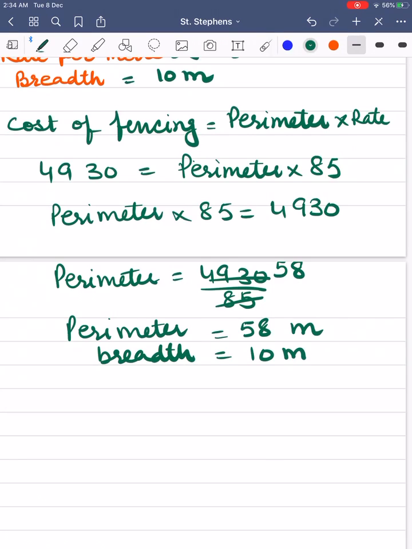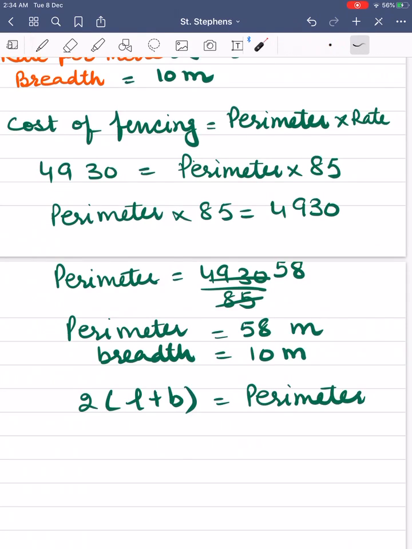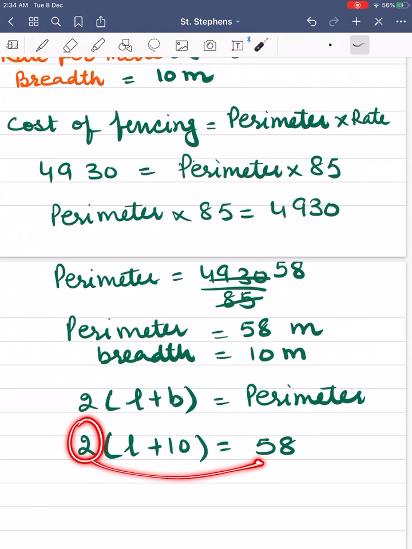And let's find out the length, and we know twice of (length plus breadth) is equal to perimeter. Now let's substitute the values of breadth and perimeter. So we have twice of (we have to find out length, so we write L plus 10) is equal to 58. Transpose 2 to the other side, it will get divided.